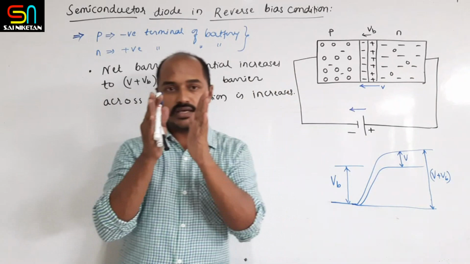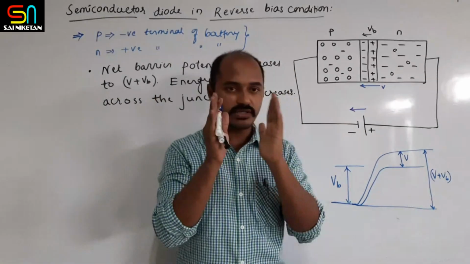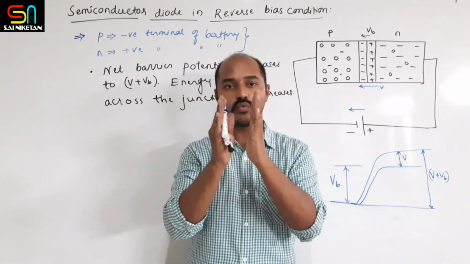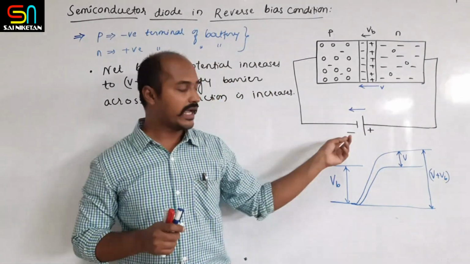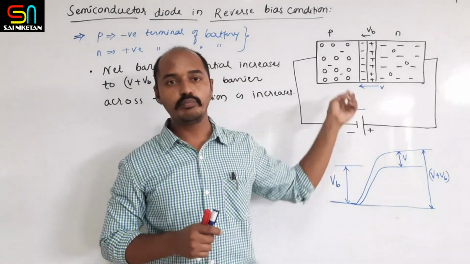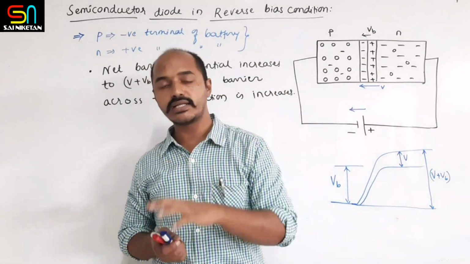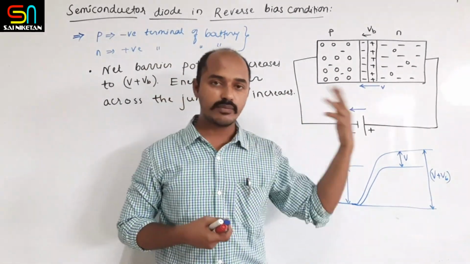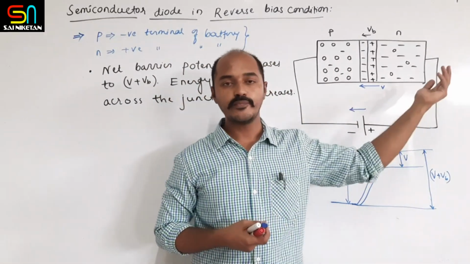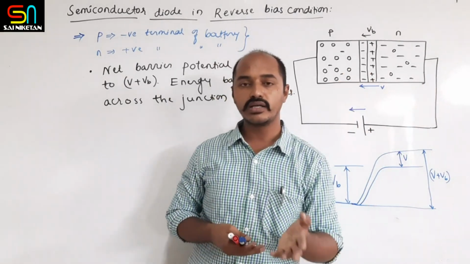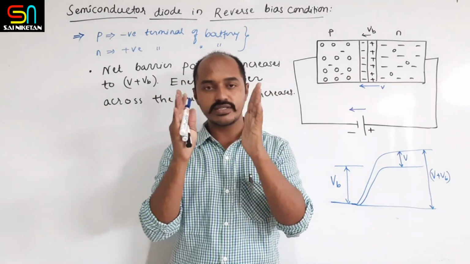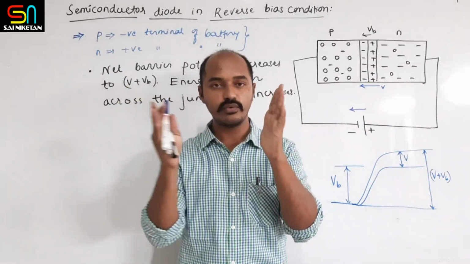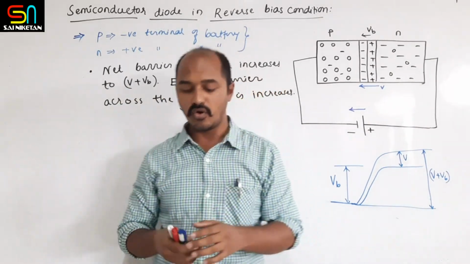Because the negative plate is connected to P type, holes are attracted towards the negative plate, and the positive plate is connected to N, so electrons are attracted towards the positive plate. Hence the depletion region, or width of the depletion region, goes on increasing.